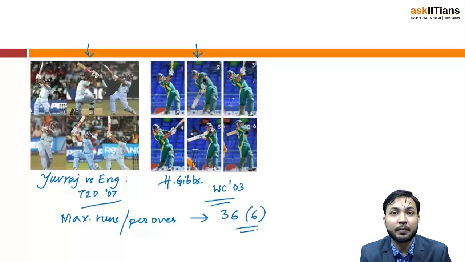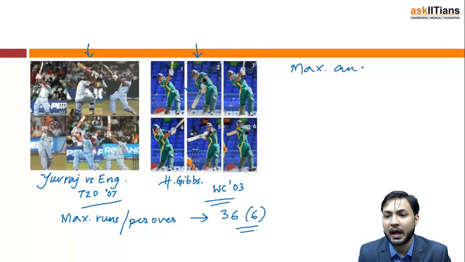Now the worst case for a batsman, what could that be? Facing a maiden over, right? Similarly, the worst a bowler can do is give away 36 runs, as was the case in both of these. So this is what understanding maxima and minima is.